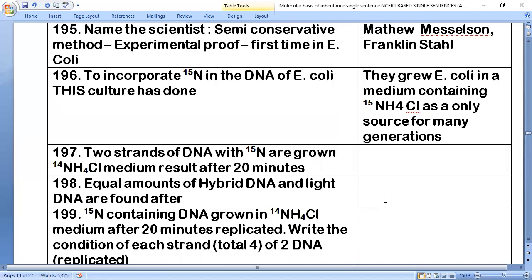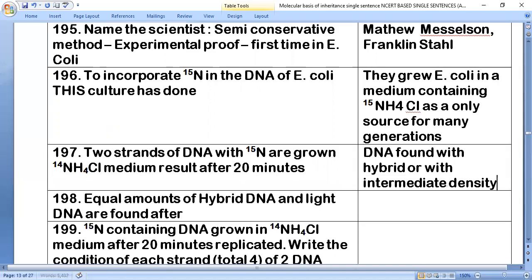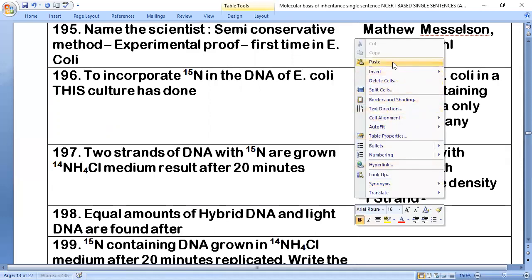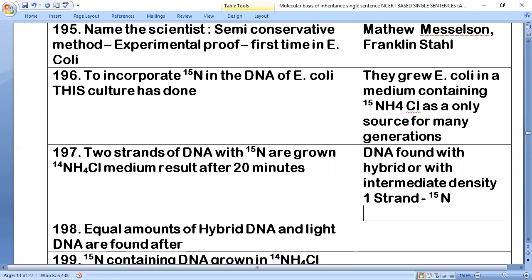The result after 20 minutes: DNA is found with hybrid or intermediate density, in which one strand is with N15 and one strand is with N14.